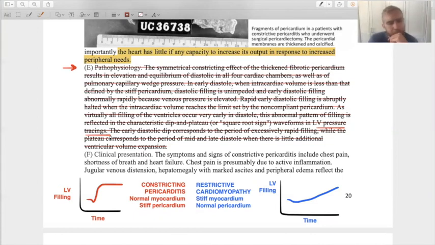So basically, in a constricting pericarditis, your myocardium is fine, but your pericardium is stiff. And in a restrictive cardiomyopathy, your myocardium is diseased.